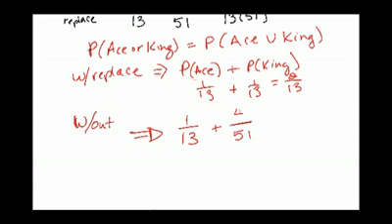But the kings haven't been altered. There's still 4 kings in the deck. So that's the number of kings. And this is 51 because we took out a card. Okay. And it would be the same either way. If you pulled out the first king, if you want to say that this is the king or the ace, then if you switch around, the scenarios would be the same.